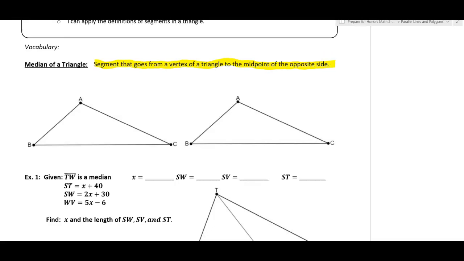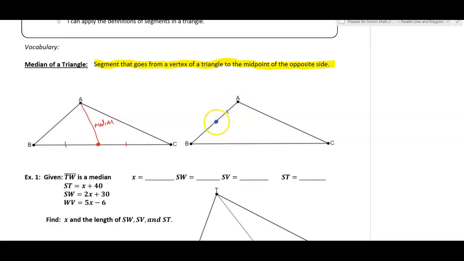of the opposite side. So hypothetically, if I were to find the midpoint of this side, meaning these two segments would be congruent. If I draw a segment from vertex A to that midpoint, this here would be a median. If I found the midpoint of, say, AB, remember, midpoint is the point that divides a segment into two equal segments.